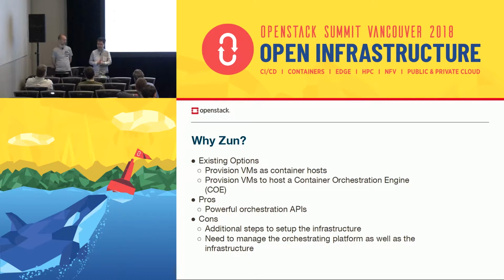The API of the COE, such as Kubernetes, is very powerful. Later we will talk about how to integrate with Kubernetes so that you can get the benefit of both. But eventually, you also need to manage those VMs, and you also need to manage the orchestration platform that is running on top of the VMs.